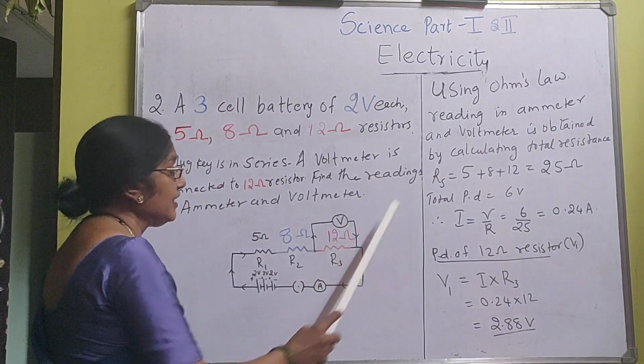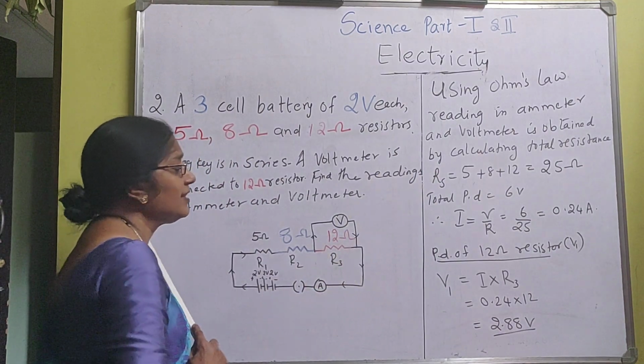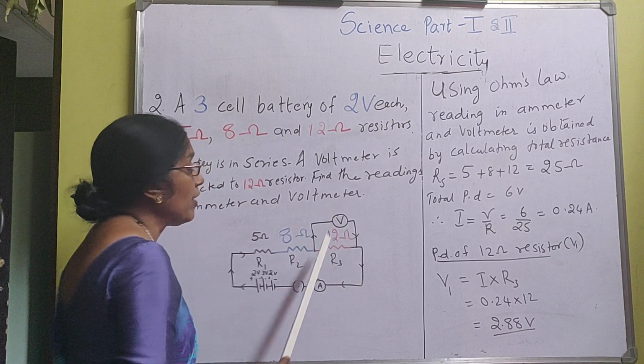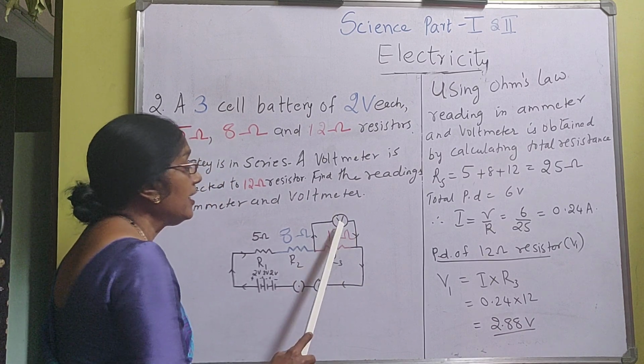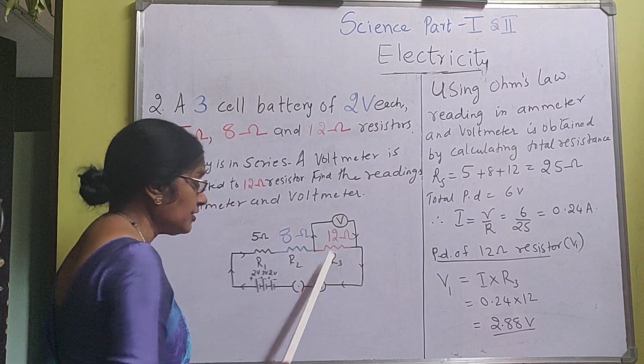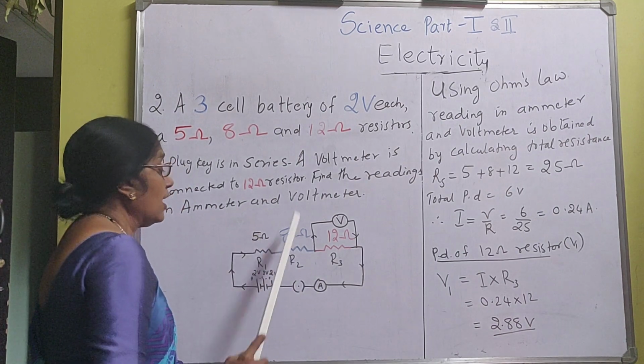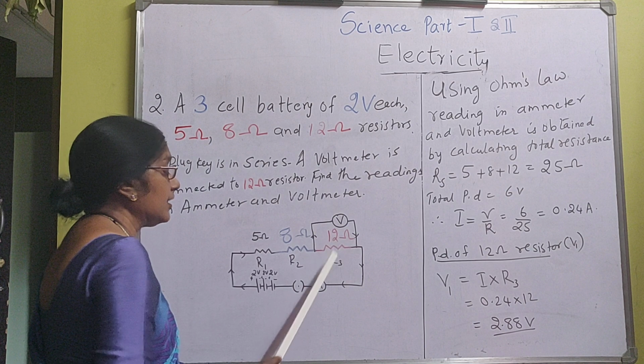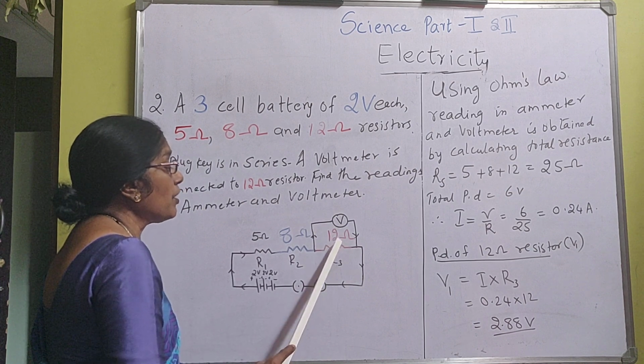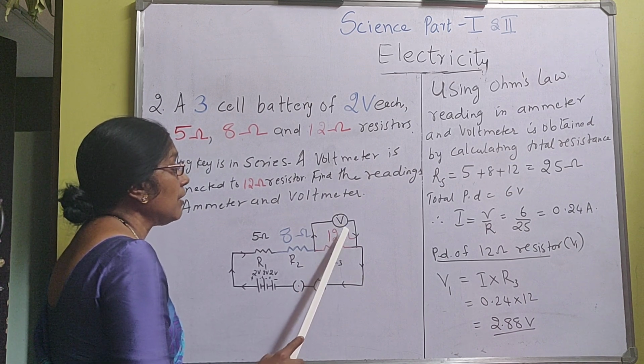We know that in series the flow of current in all the resistors is constant. We want to find out the reading in ammeter and the reading in potential difference. So the current in R1, current in R2 and current in R3 will be the same. So let us find out the flow of current in R3, that is in 12 ohms.